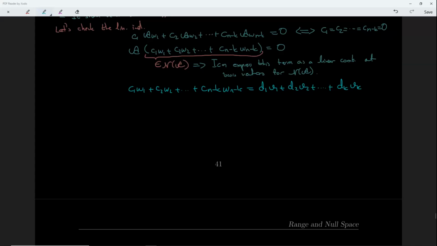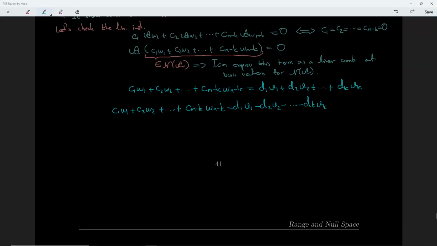If this equation is satisfied, I can take everything on the right hand side to the left hand side and write C1 W1 plus C2 W2 plus ... Cn minus k Wn minus k minus D1 V1 minus D2 V2 ... minus Dk Vk equals 0.